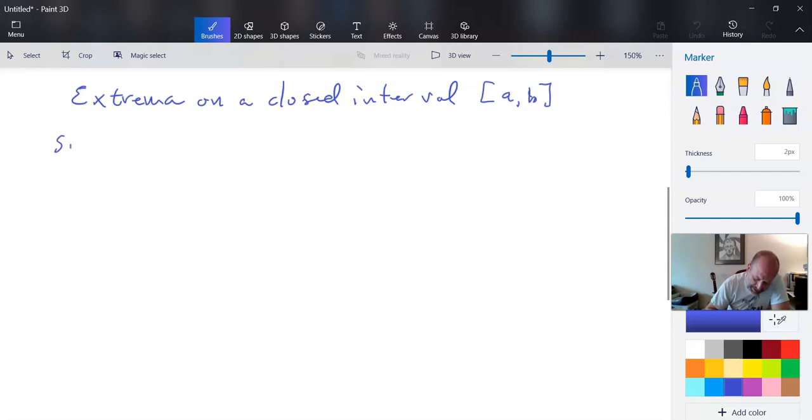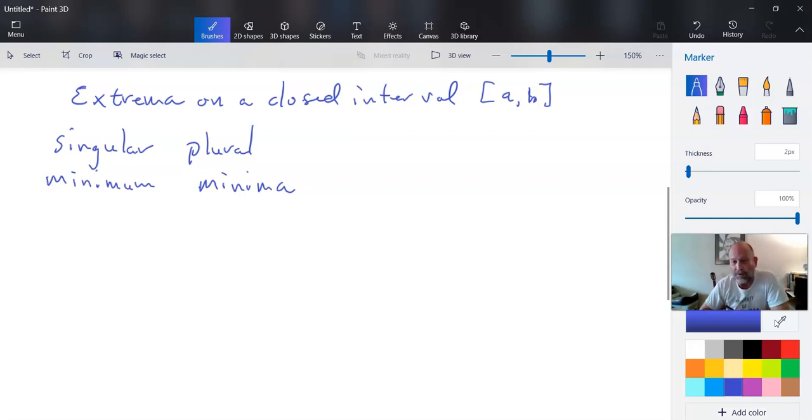So let's look at this real quick. Singular, plural. Just a quick rundown. Singular would be minimum. Plural would be minima. And that's just the way you pluralize things in Latin. Maximum.